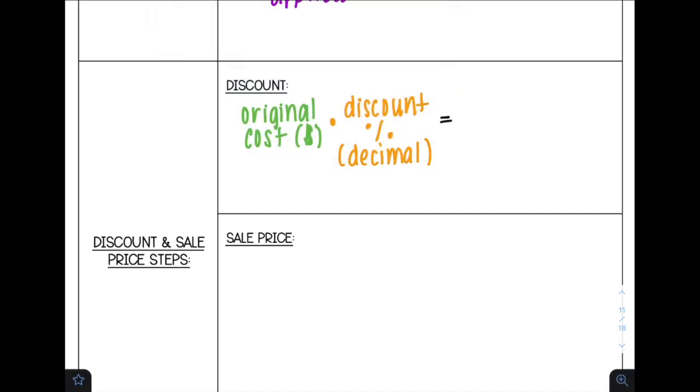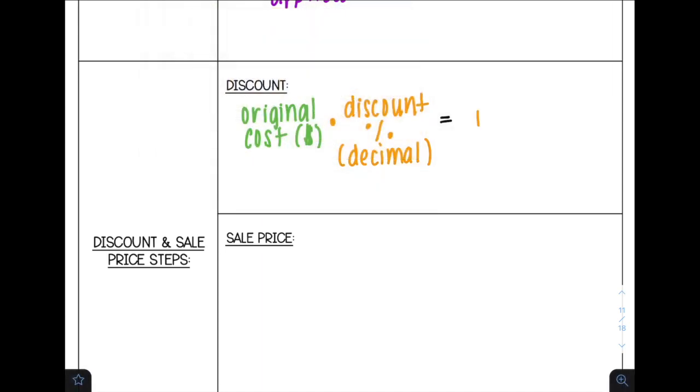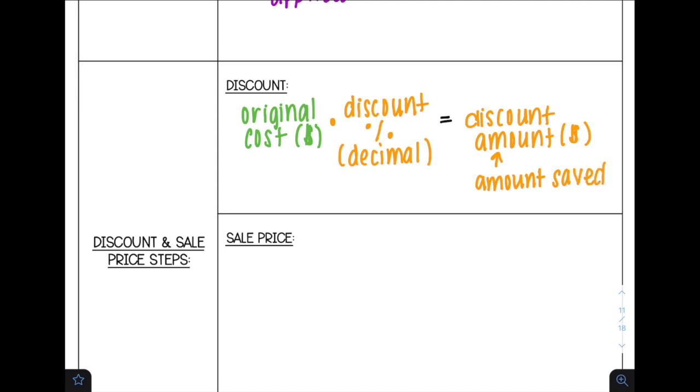Then once you multiply, you are going to get the discount as a dollar amount. And this is the amount saved based on the discount percent or discount rate.